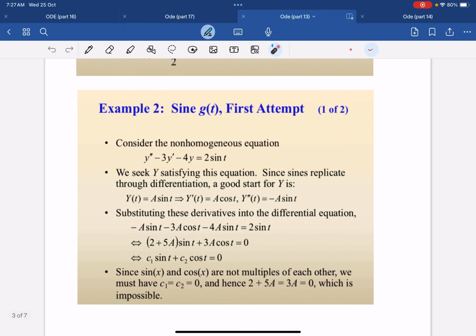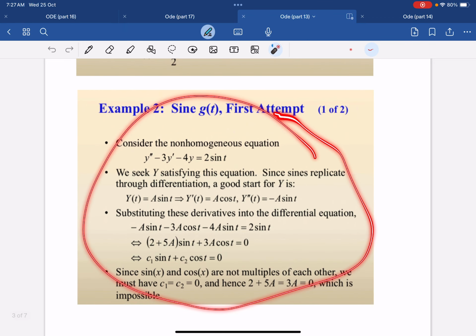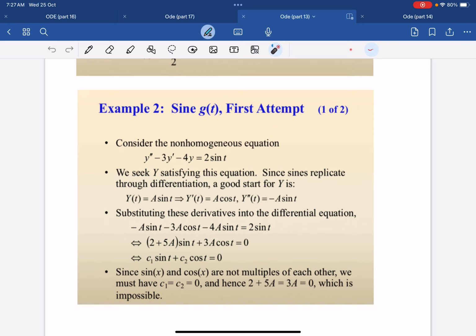For the sine case it is something similar, but let's see. Say we take the same approach and take a constant times sine t. We obtain this function, and since sine t and cosine t are not multiples of each other, this must be 0 and this must be 0. But this leads to a contradiction, as it tells you that A is minus 2 over 5 and also that A is 0.